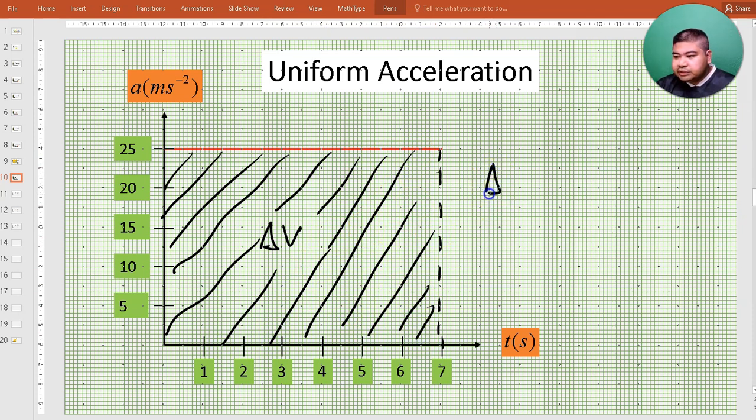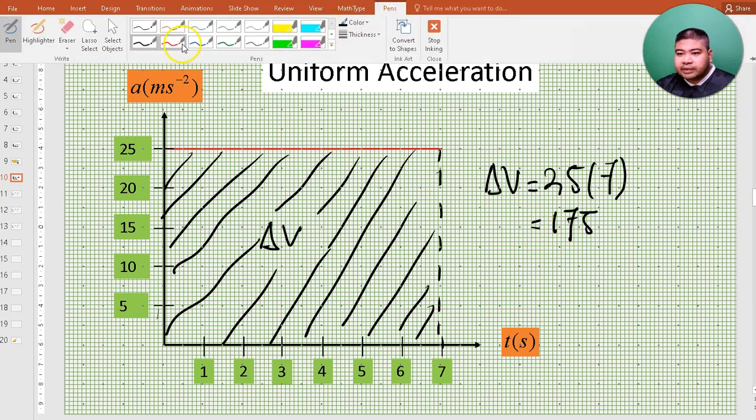So the change in the velocity of the object equals the height, 25, times the width, which is the time, 7. So 25 times 7 is 175.